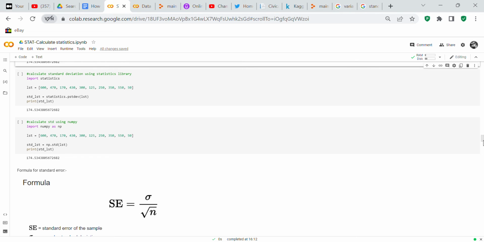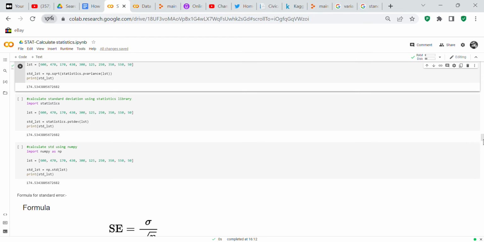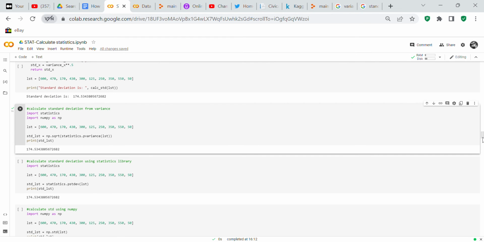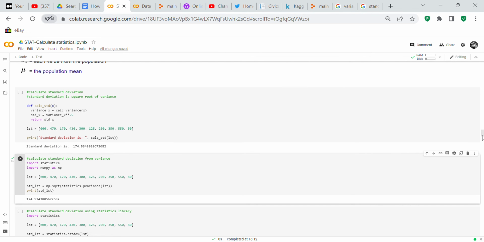So you can see all these different ways that we are calculating the population. It is giving us the same value, which is what we want. We want the same value every time. So that's the few little ways that we can calculate standard deviation that I found out on my own.